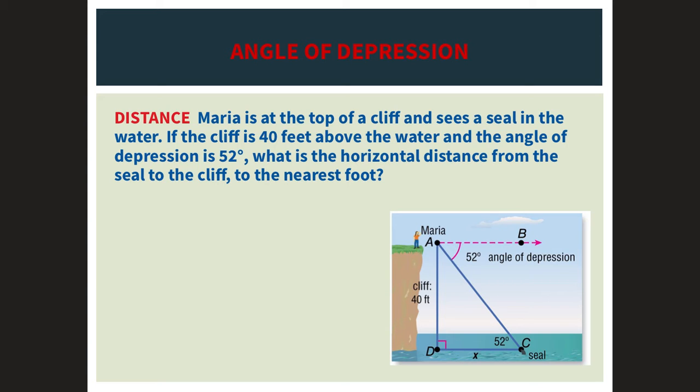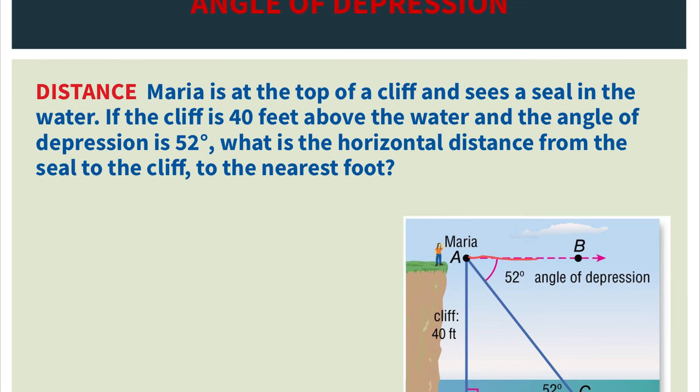If you look over here on the image, the angle of depression would be straight across and down. So 52 degrees here. Straight across would be parallel to what is in the water down here. So these two lines would be parallel, and looking down at the seal would be the transversal.